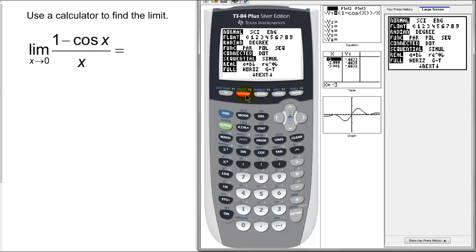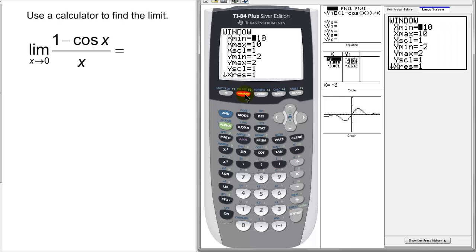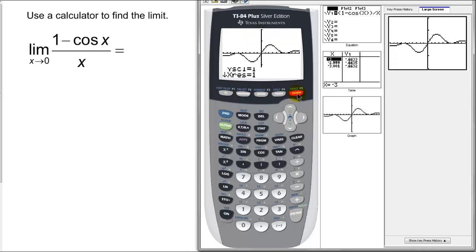For my window, since I'm talking about cosine values, I'm going to make my window for y's rather small. I'll make that go between -2 and 2. Make our x's go from -10 to 10. When I graph it, notice I get a function that looks like this.